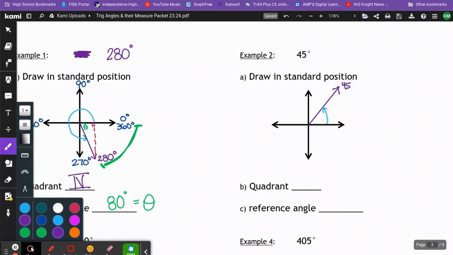This is 45 degrees. Draw my right triangle. Theta has to touch the x-axis. And so my reference angle theta is 45 degrees. In this case, it's the same number as the angle measure that I drew.